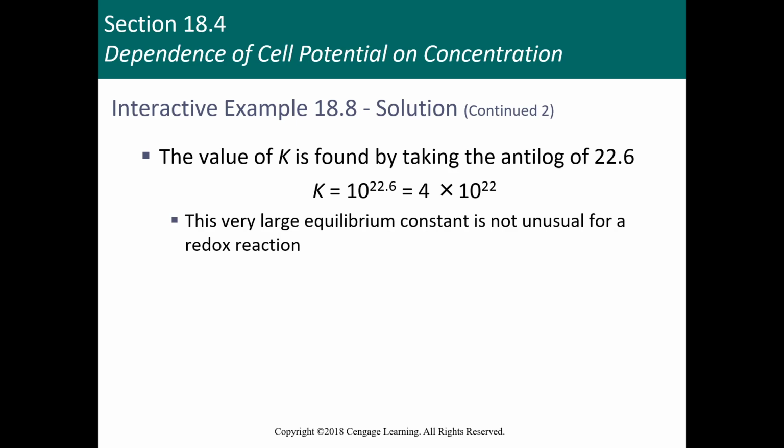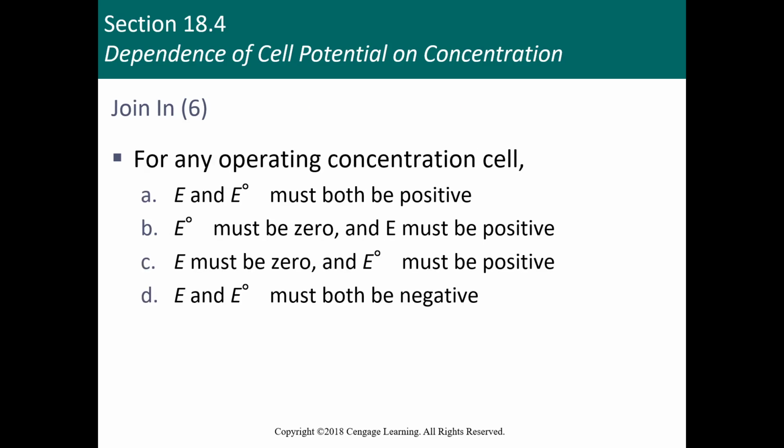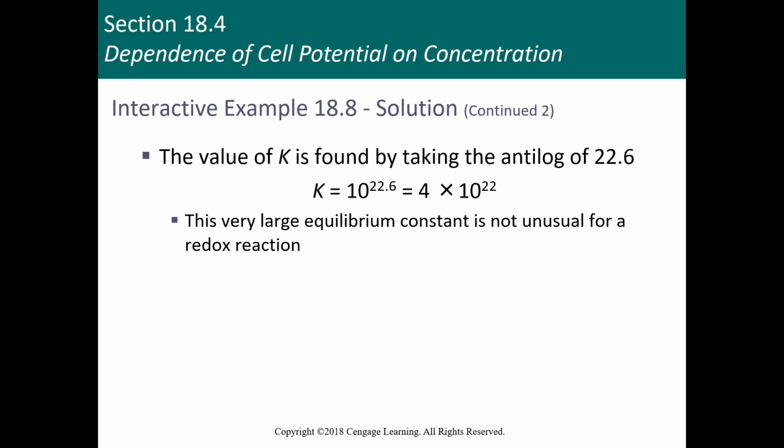This is an extremely large equilibrium constant that really isn't unusual for a redox reaction, though. Many times, these redox reactions will actually have very large equilibrium constants. They will greatly favor one side. And that's actually why you experience many of the things you may have experienced if you did any sort of labs with the activity series back in General Chemistry 1, where you added like HCl with a metal, and you saw that it dissolved the entire metal.